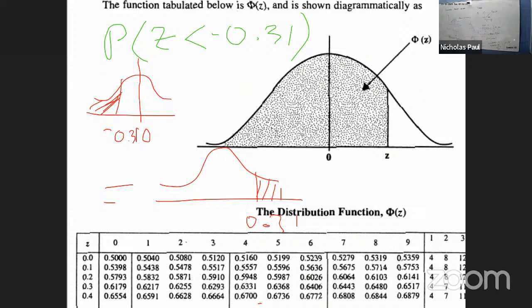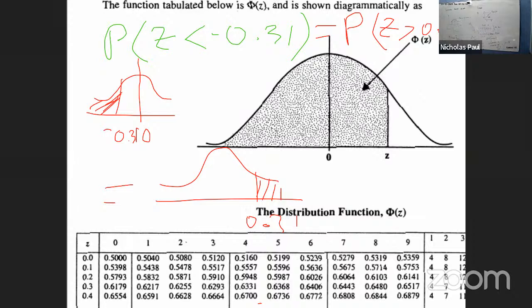The probability of Z is less than minus 0.31 is the same as the probability of Z is more than 0.31. Because this normal distribution is symmetrical, those two problems are the same.